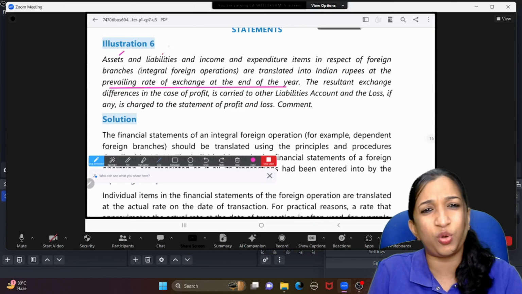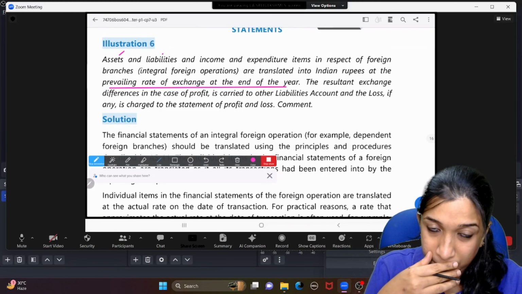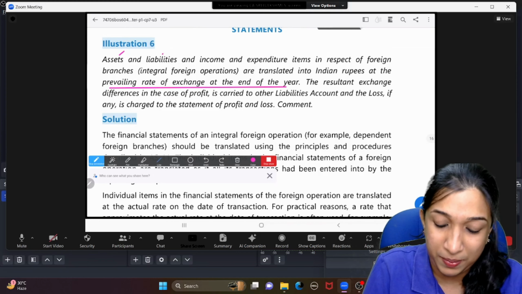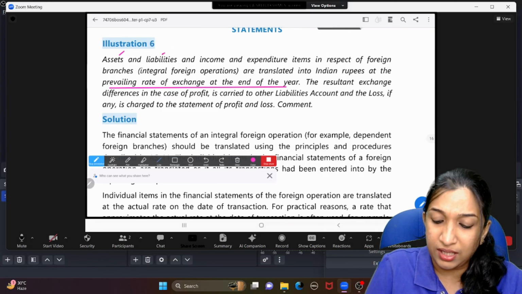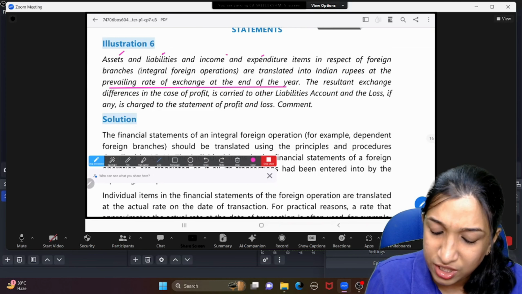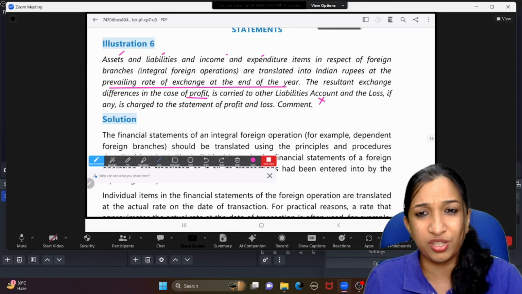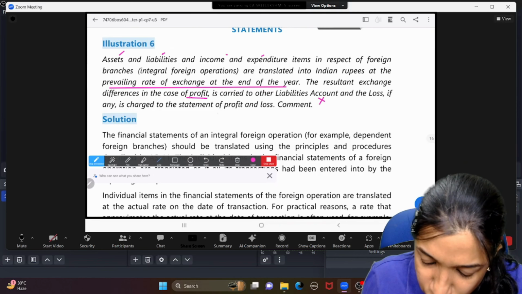Assets at the rate on the date of purchase, liabilities at closing rate, income and expenditure at average rate, and the resultant exchange differences, loss to P&L.